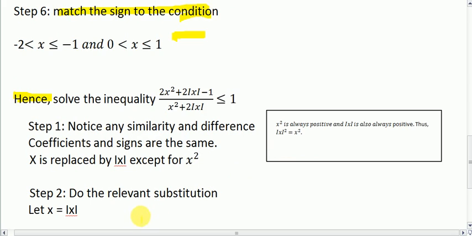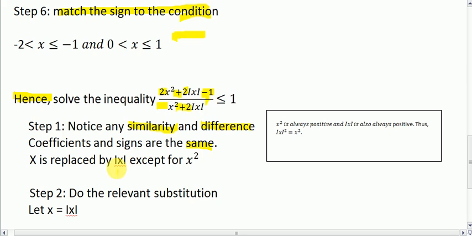The first step is very general. It's to notice any similarity and difference between the first part of the question and the second part of the question. If you notice carefully, all these coefficients are actually the same for both parts, as well as the signs.